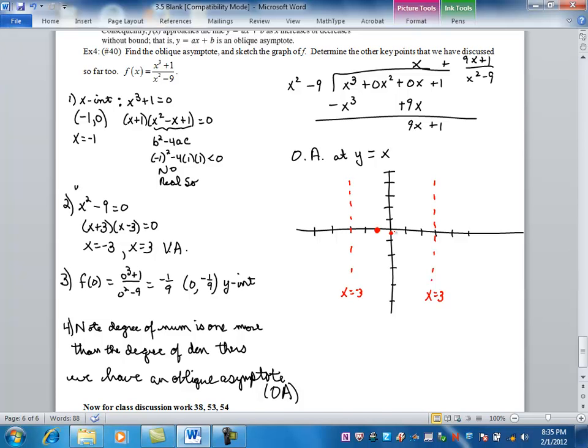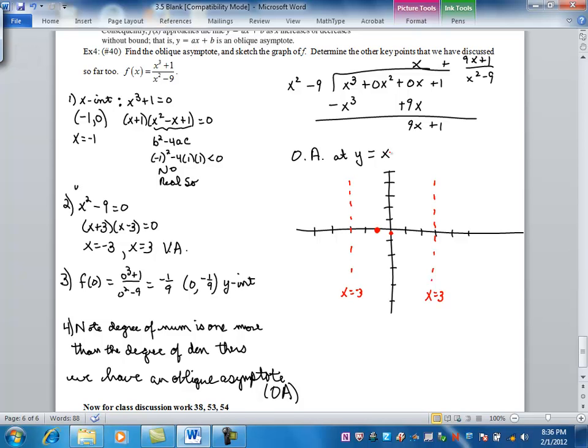And then we said we had a slant asymptote y equal x. Now, something that I didn't mention, it is possible to cross oblique asymptotes as well. Now we might make note that the equation of our oblique asymptote is y equal x.